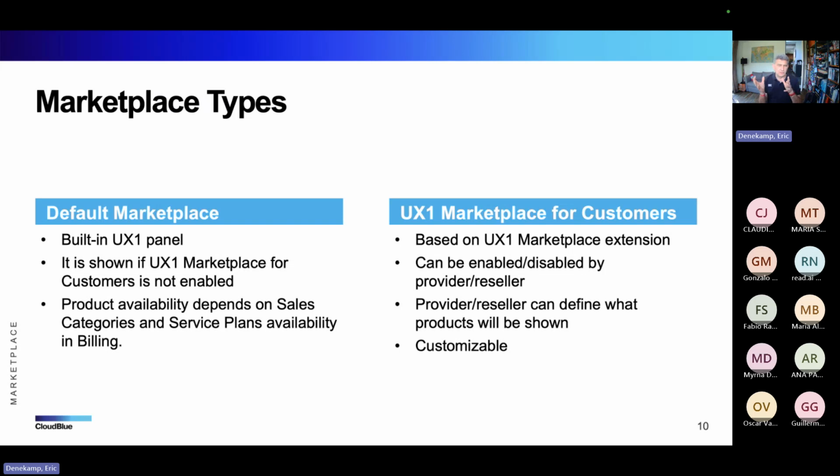One of the settings of that UX1 Marketplace for customers is that as a reseller, I use the product catalog of the layer above, so in that case, from my provider. And it's a little bit better customizable. I can decide to still display sales categories, but within that sales category, I can decide to, let's say, display 9 out of 10 service plans, because the 10th I don't want to display, because it's a complex one where a lot of questions are asked.